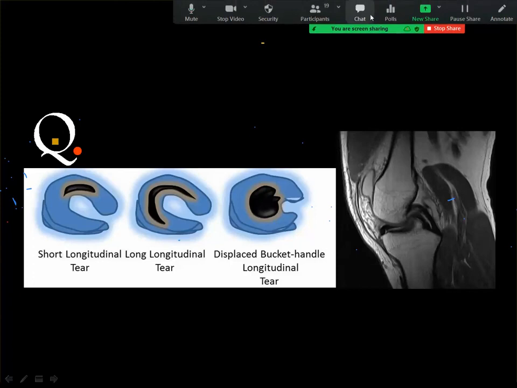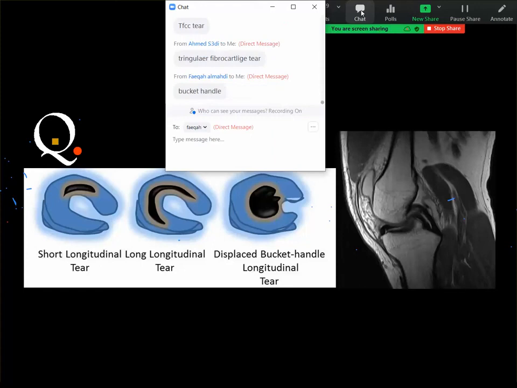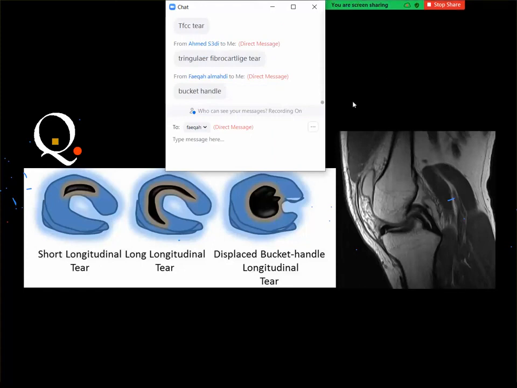This is actually an easy case, and the illustrations are also provided. This is bucket handle tear.